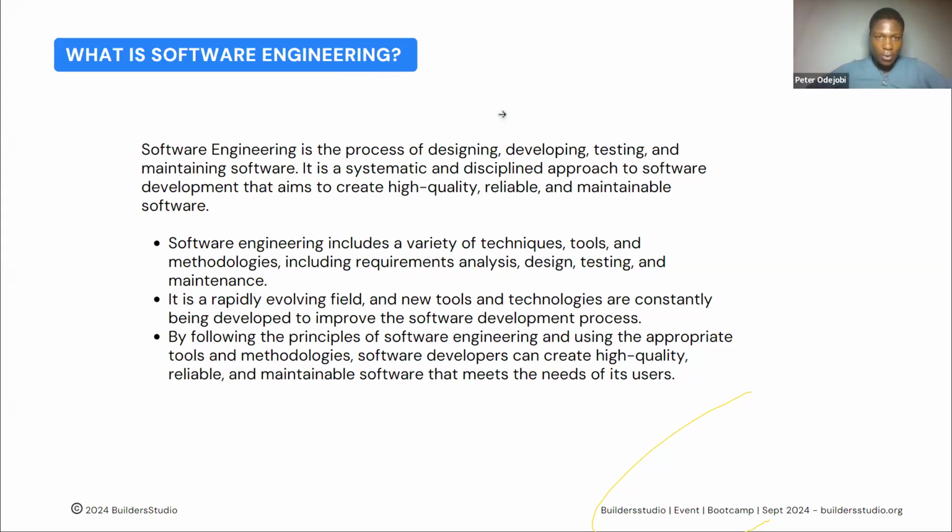Do you know that there's Facebook via mobile app and via the web? Do we all know that they use separate programming languages for those two apps, even though they do the exact same thing? All right. So basically, software includes a variety of techniques, tools, and methodologies, including requirement analysis, design, testing, and maintenance.